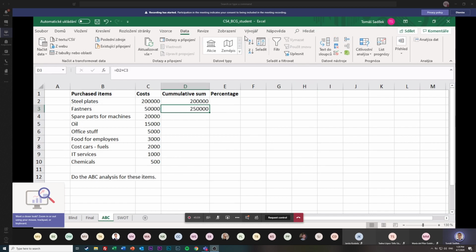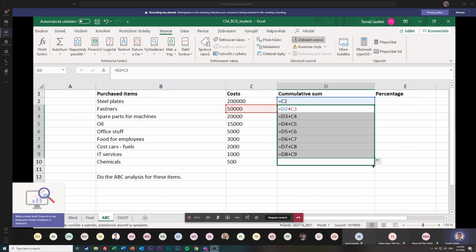Then I can copy this formula down and calculate the cumulative sum for all purchased items and their costs.